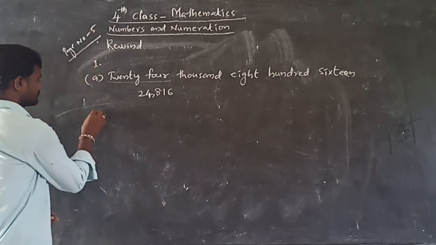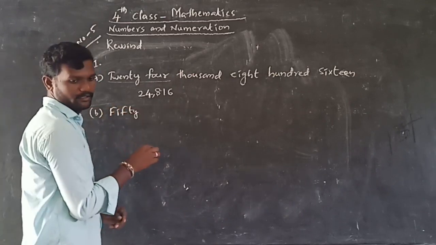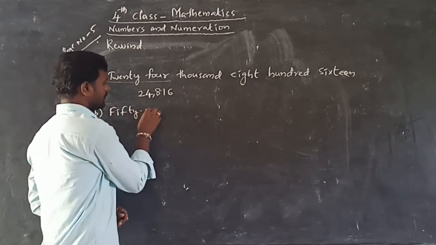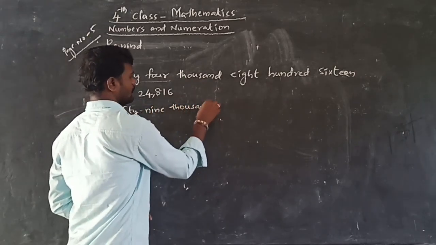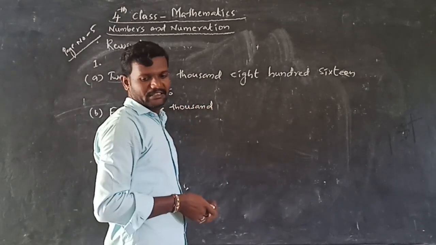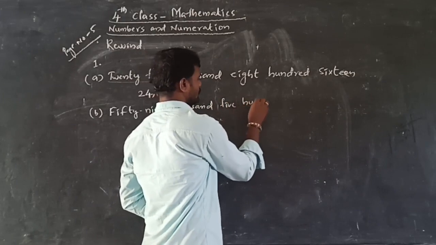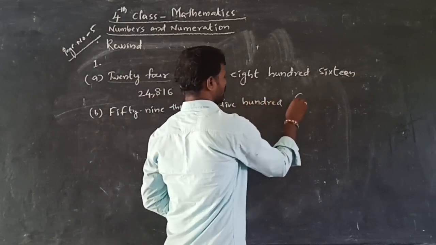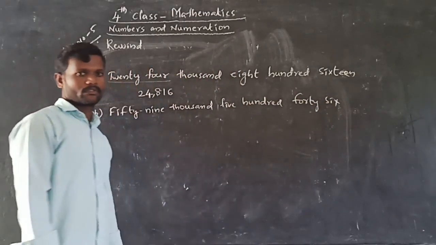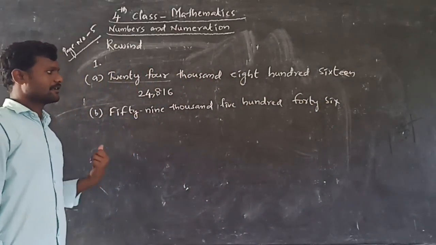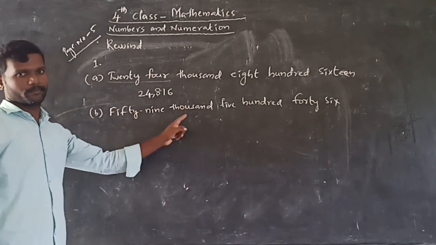59,546. 59,000. Okay. 59,500. 546. Okay, it is given, write the numeral for this. 59,000.